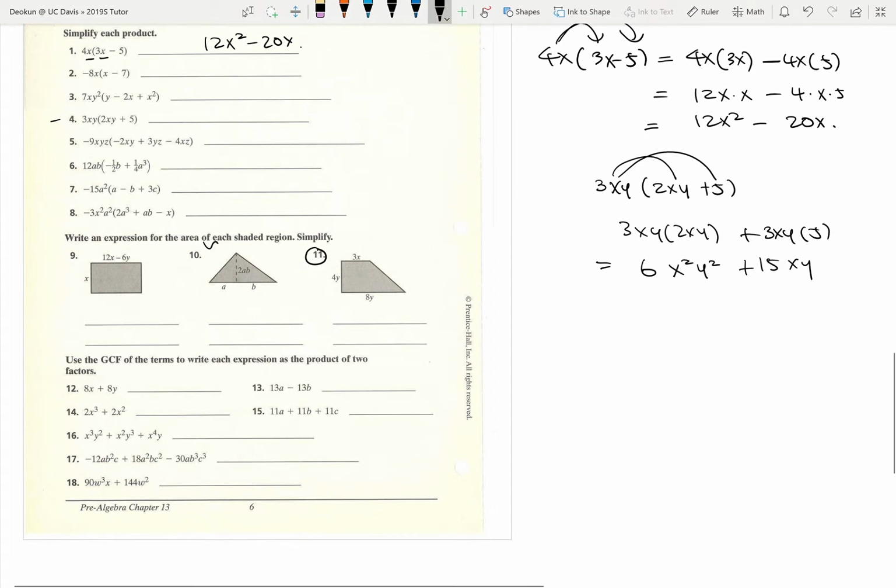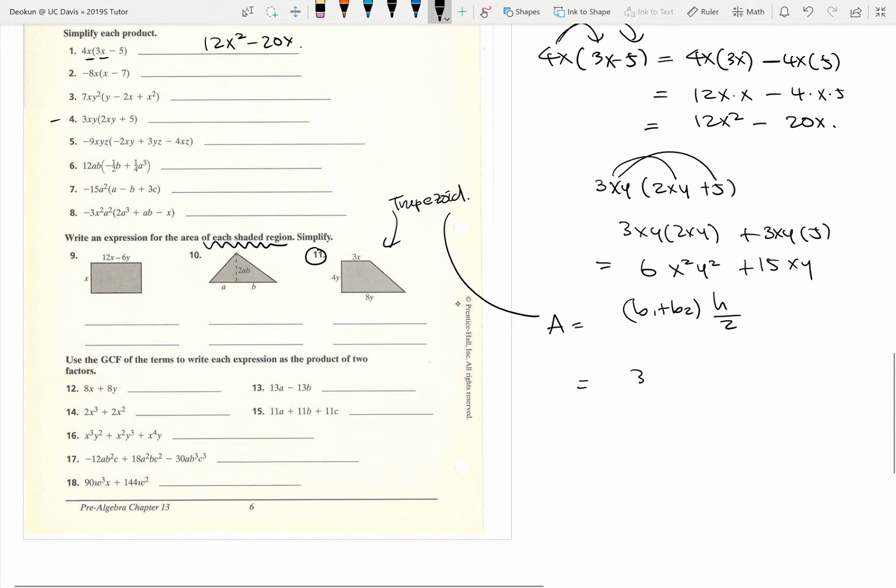Then let's try number 11. You're finding the area of the shaded region. Remember, this is a trapezoid, and a trapezoid has an area equal to base 1 plus base 2 times the height divided by 2.